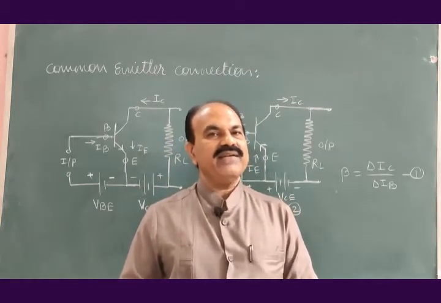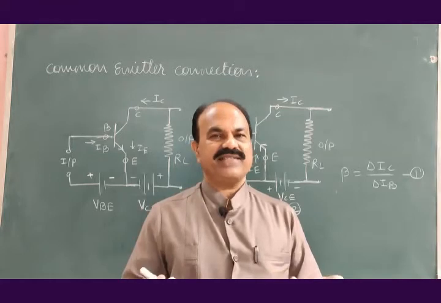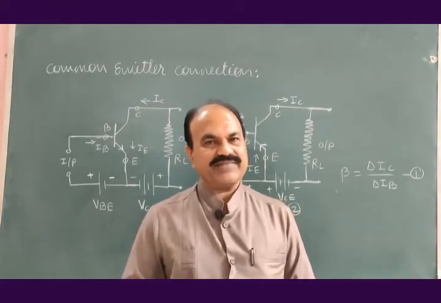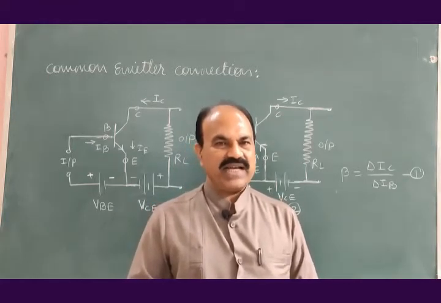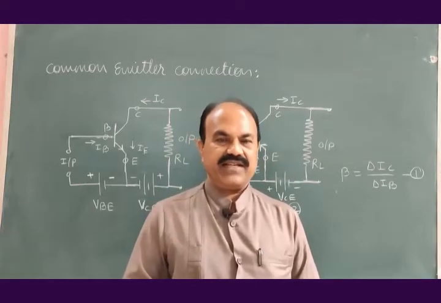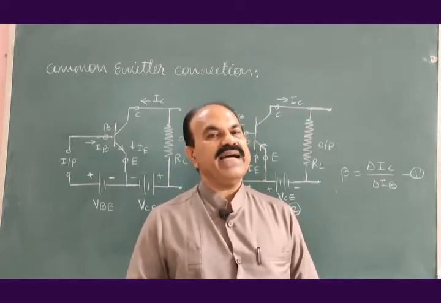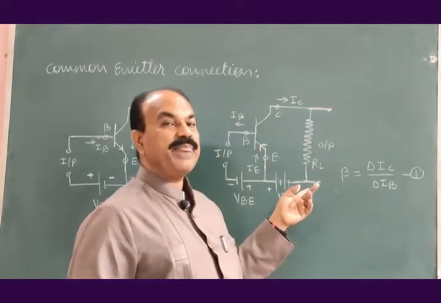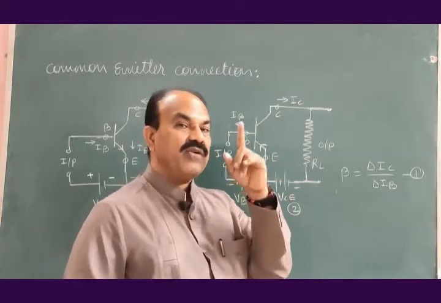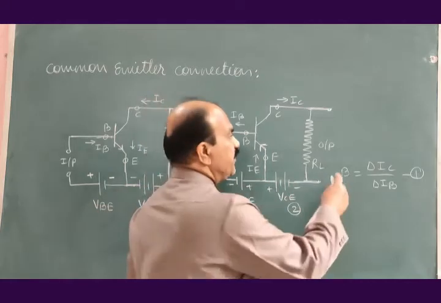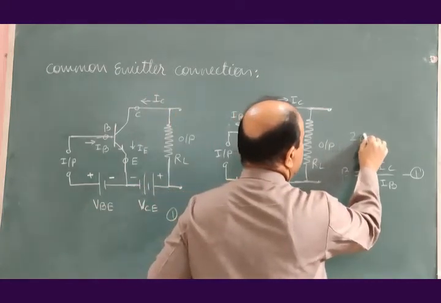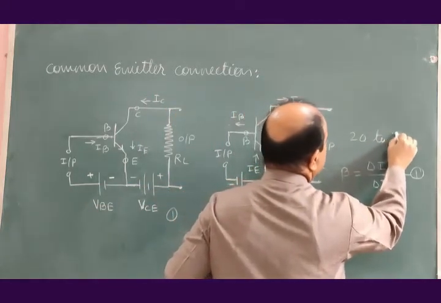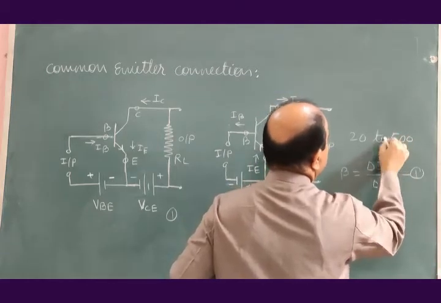It may be as small as 20, and it may be as large as 500. It means that beta of a transistor in common emitter connection is lying between 20 to 500.